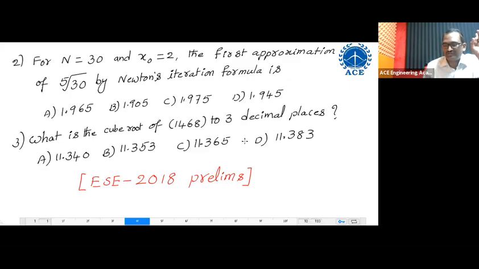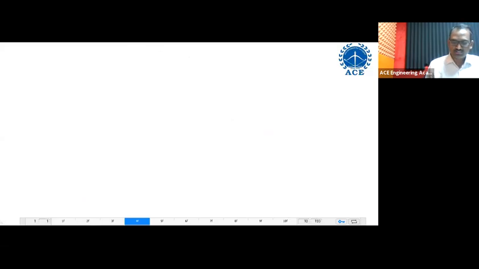So the average of 11 and 12 will be taken as the initial approximation. The average of 11 and 12 is 11.5. So the initial approximation should be taken as 11.5 and then proceed yourself. Option C is the right answer. Try later, similar to the first problem model.